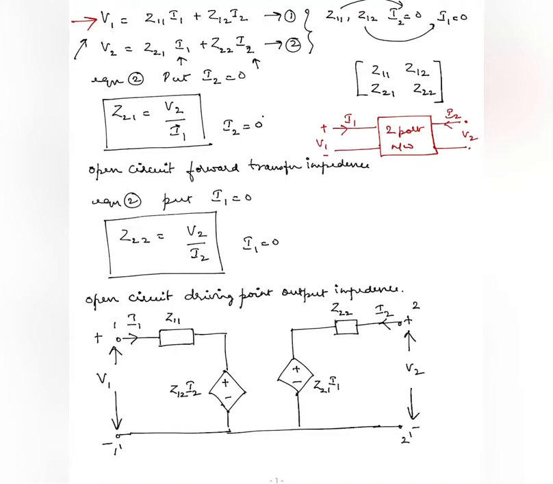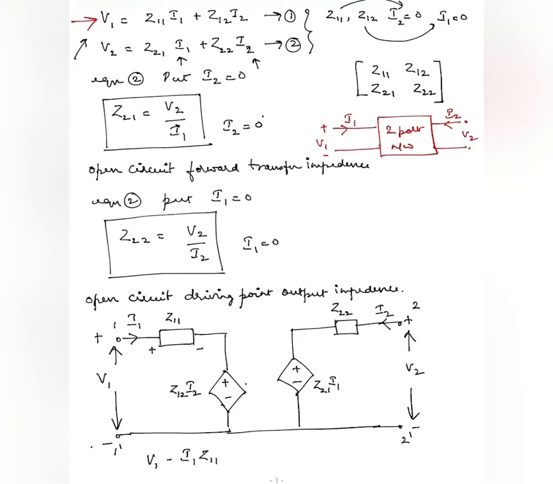Now how did we write this circuit is by looking into the equations 1 and 2. Now I'll write the KVL, then you will understand. See here, if you go from minus to plus, so negative to positive is positive, and voltage here is V1, right? Current is flowing from higher potential to lower potential, it is plus to minus, so it is minus I1 into Z11. I1 is a current, Z11 is the impedance, basic Ohm's law.